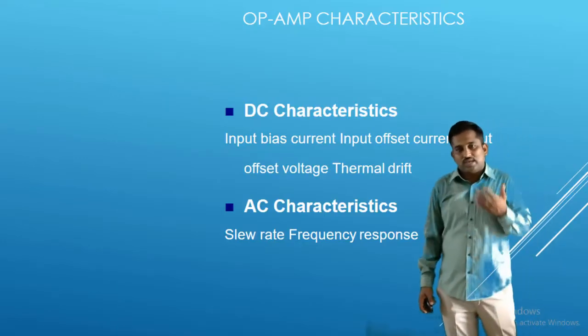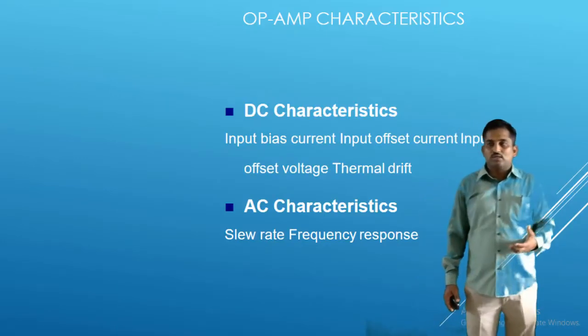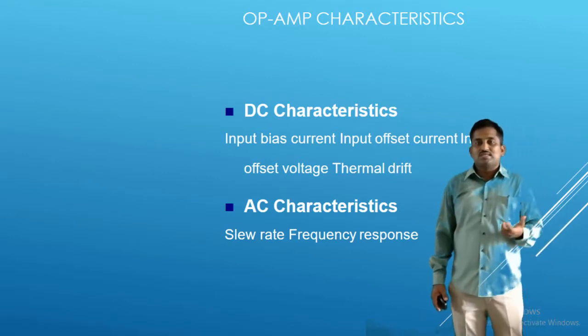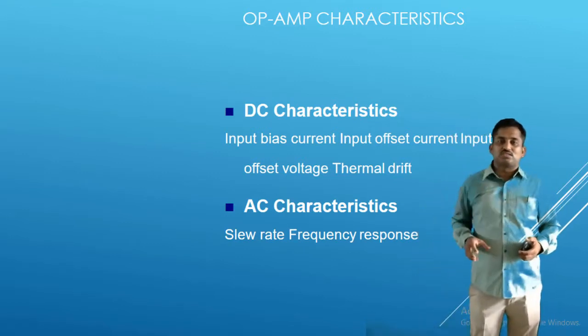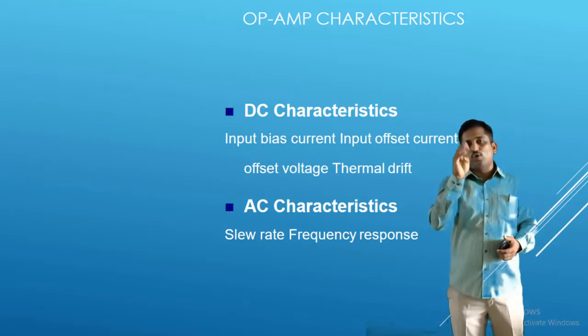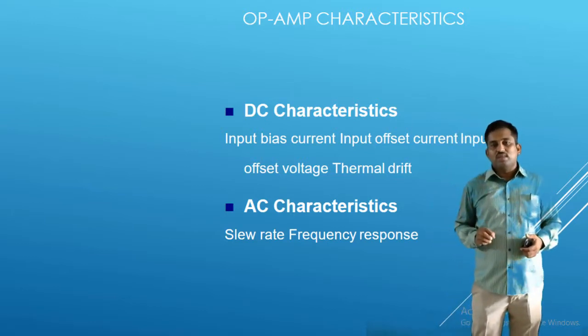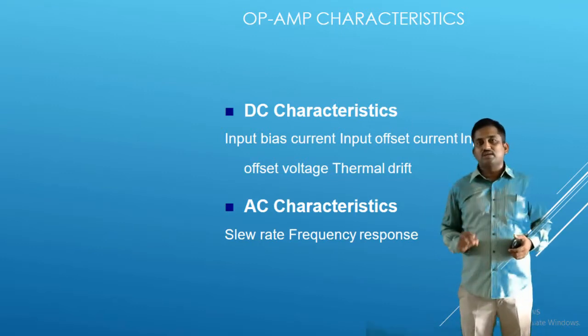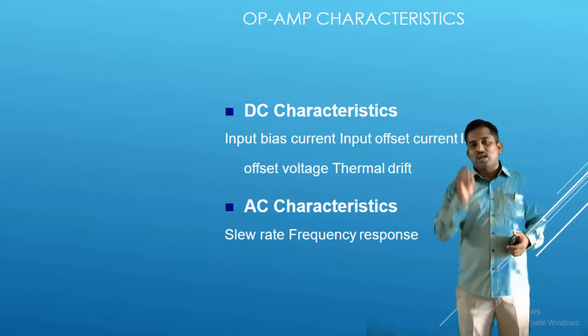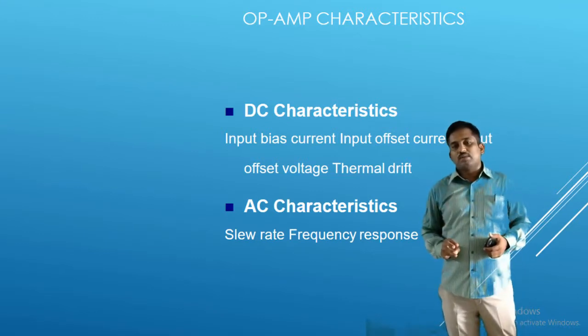Now, characteristics of op-amp. A very important one is DC characteristics and AC characteristics. In the DC characteristics, we have mainly four characteristics. What are they? They are input offset voltage, input offset current, input bias current, and last but not the least, thermal drift.